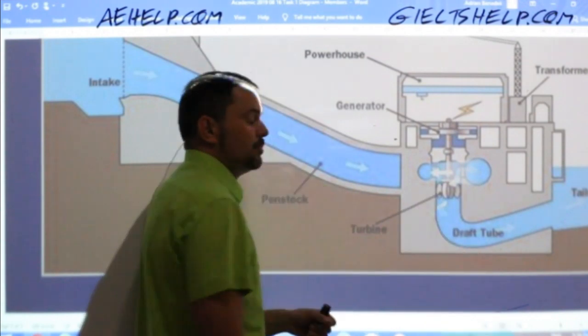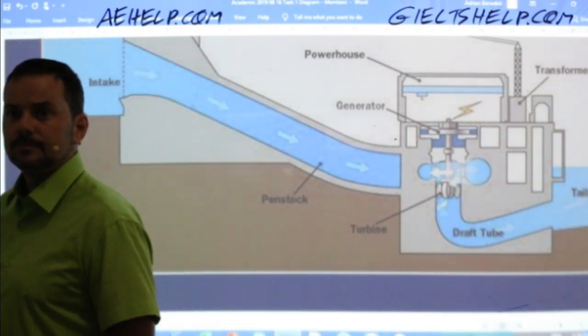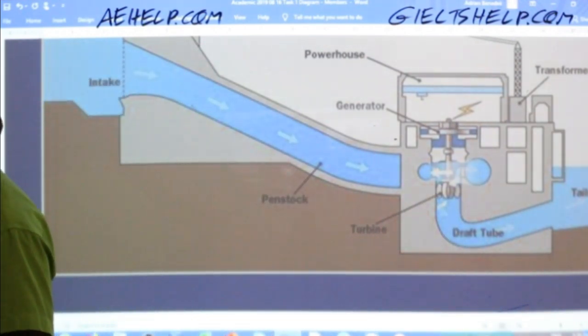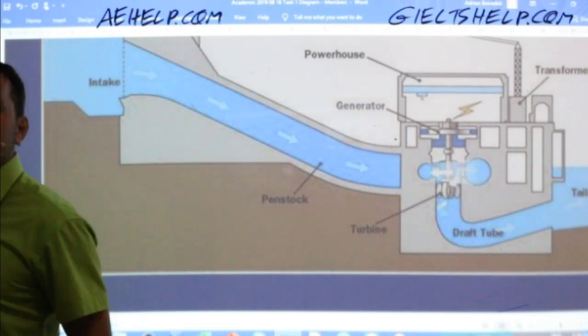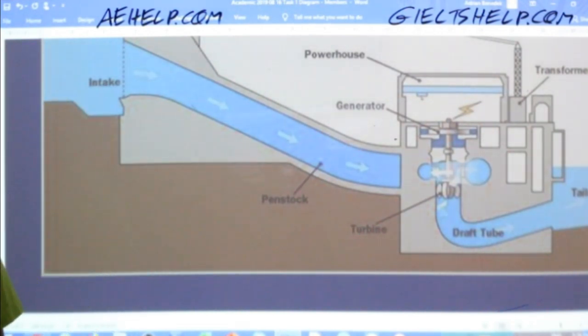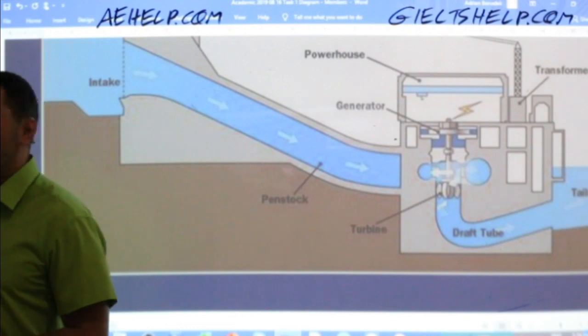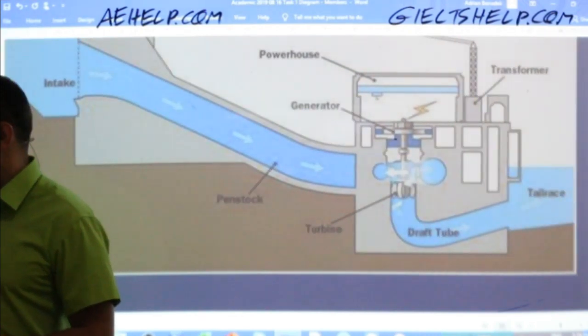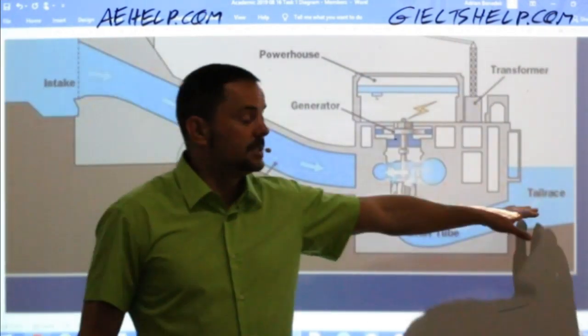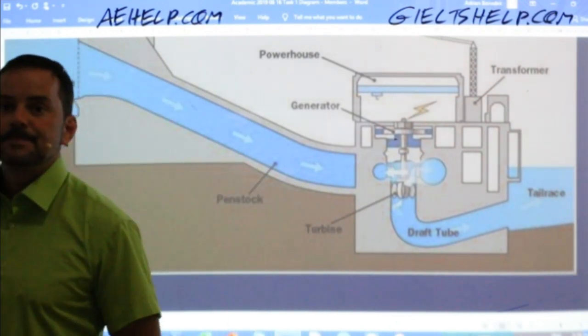All right, it makes more sense that way. Yeah, and then the rest of it, Kesey, is good. Okay, so meanwhile, water goes through the draft tube to the tail race. That's right, the tail race. Yeah.